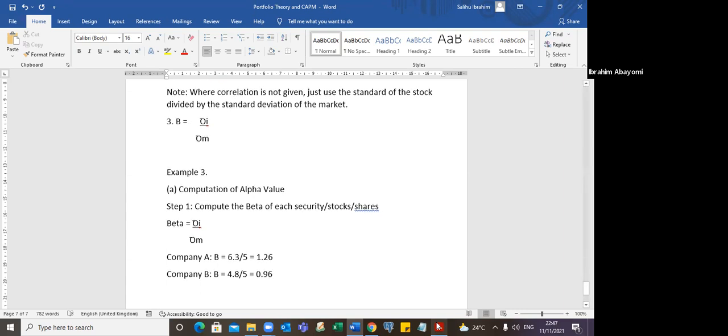Come to company C. What is the standard deviation of C? 4.7. So where is it better? It's 0.94.